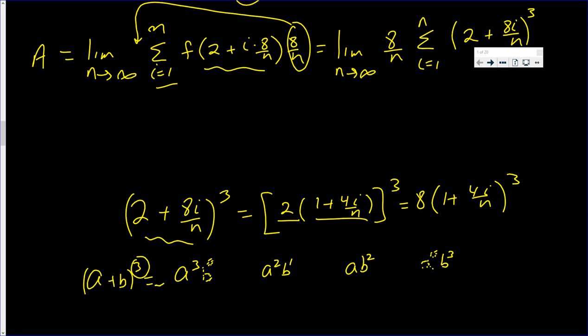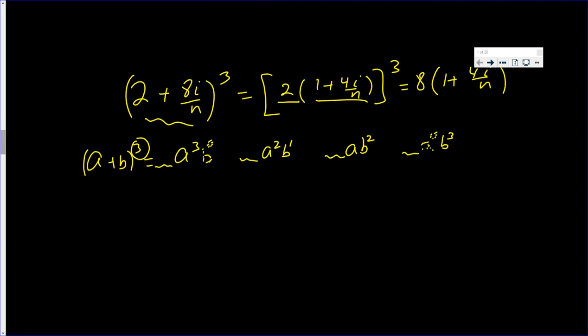Then there are some numbers that go in front of each of these terms. And those numbers come from Pascal's triangle. And we want to know the one for the third power. It always starts off with that. Anytime you have two numbers next to one another, put the sum down in the middle. And always put ones on the end.